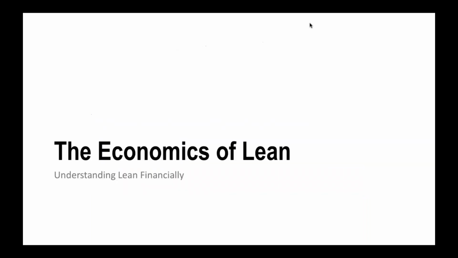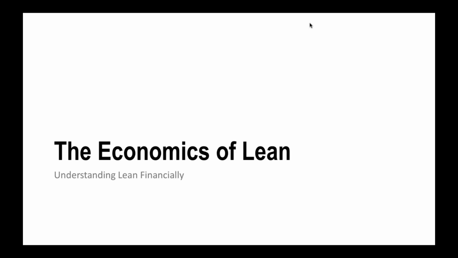So let's move on to the economics of lean. As I mentioned a few minutes ago, understanding lean from an operational view in terms of creating flow and eliminating waste and doing Kaizen events, it's all well documented, with lots of literature and lots of things online about that.